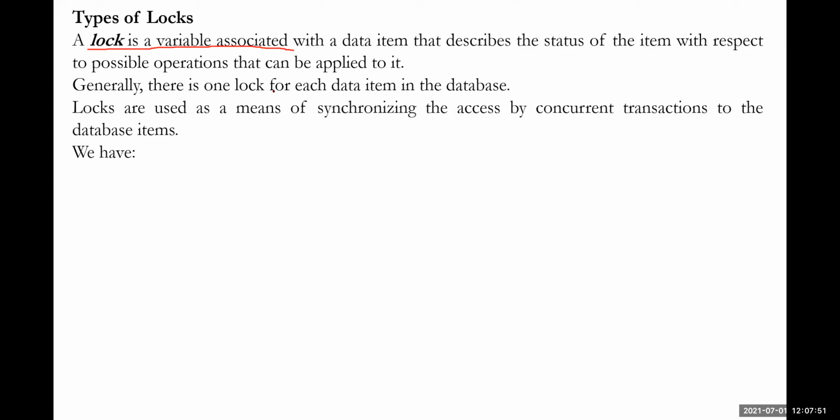When lock is equal to 1, the lock has been allocated to some other transaction. So as per theory, we have two different types of locking mechanisms: one is binary locking, the second is read-write locks. It has already been seen by us in the practical approach also.